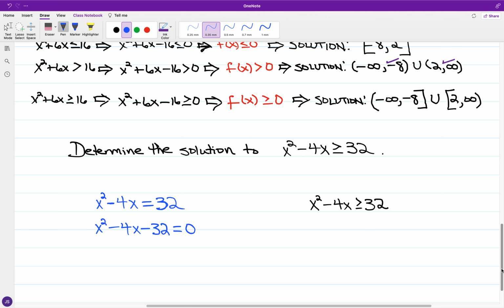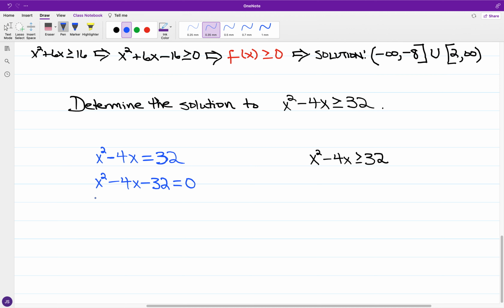is equal to 0. And looking at factoring and utilizing the zero product property, we're going to have more weight given to the subtraction than the addition. So we have x plus 4 and x minus 8.